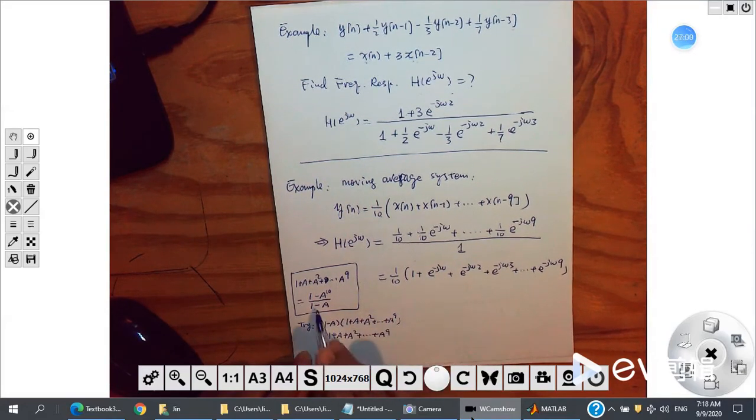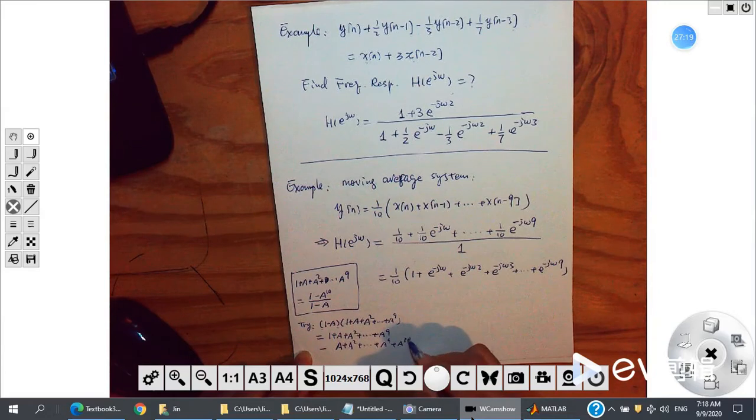And minus a times all of these. So minus a times 1 is a, then a times a is a squared, a times a to the 8th gives a to the 9th, and a times a to the 9th gives a to the 10th.